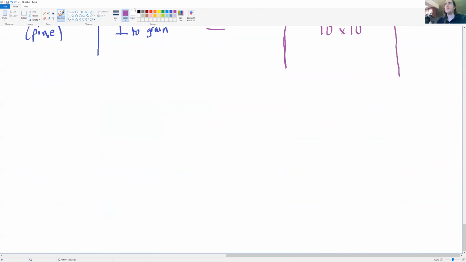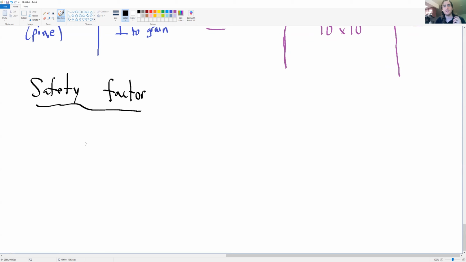So what do we do now to solve problems? Because there are going to be a couple problems. There's a thing called safety factor that your book talks about. A safety factor is where you take the ultimate strength of the material and divide it by the safety factor.